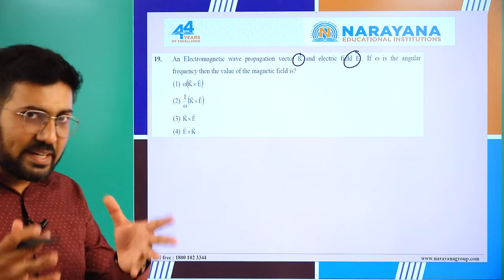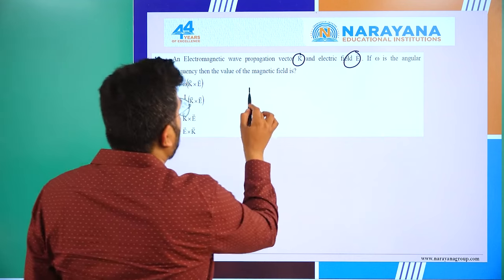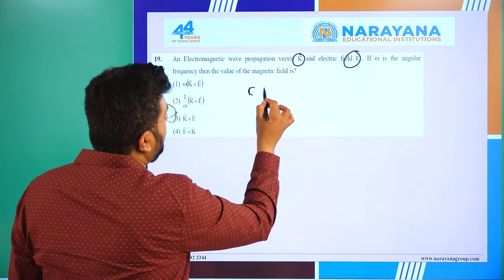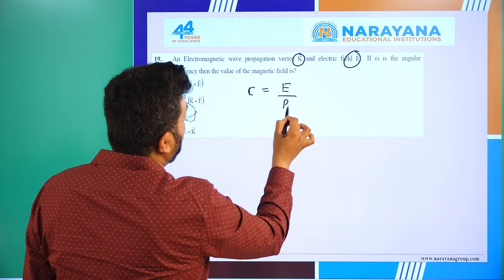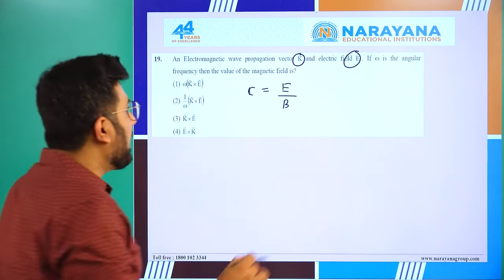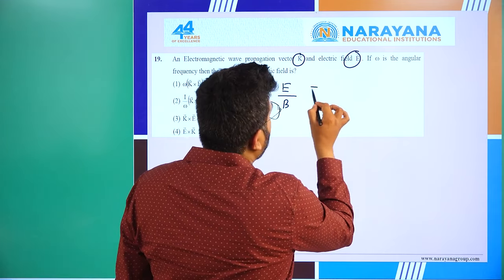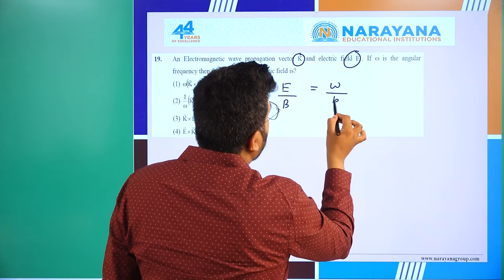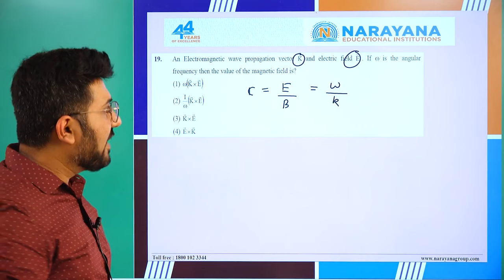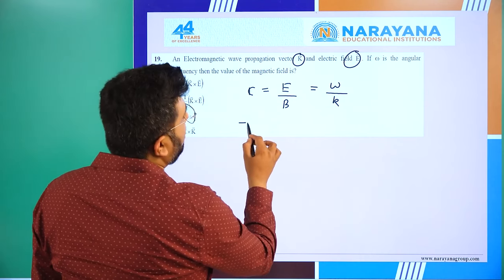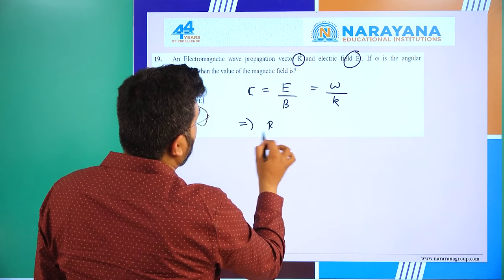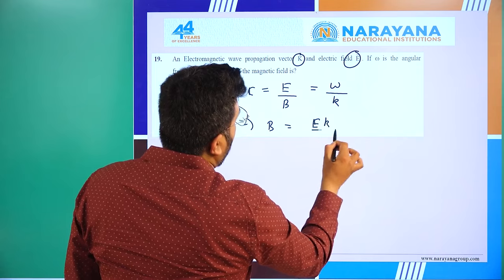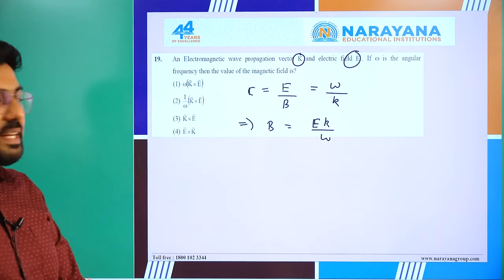So if I need the magnitude, then you know that C equals E by B, and also the wave velocity is omega by k, where k is again the magnitude of the propagation vector. So from here, because they have asked me the magnitude of the magnetic field, I will say the magnitude of the magnetic field is E k by omega, but I also need the direction.